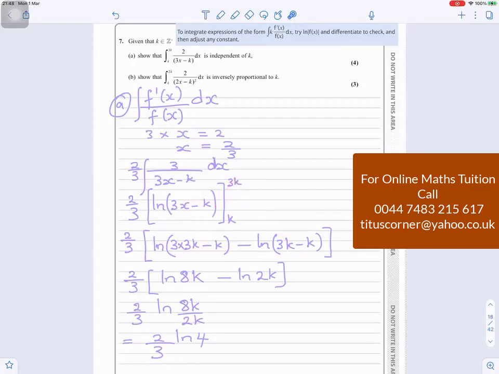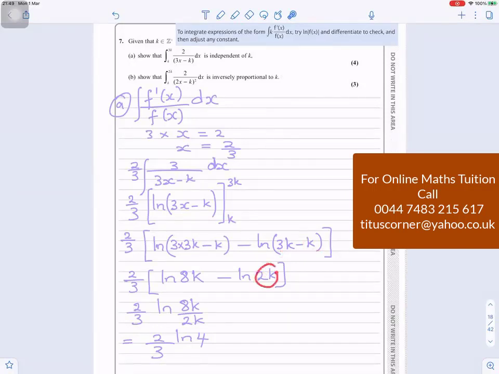And we will simplify that. And then we also substitute for k. So that gives you 3 times 3k is 9k minus k is 8k. So ln 8k. And when you substitute k, 3k minus k would just be 2k.